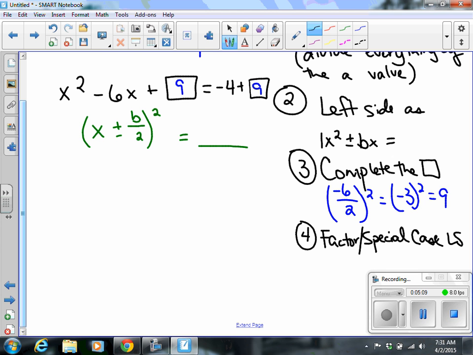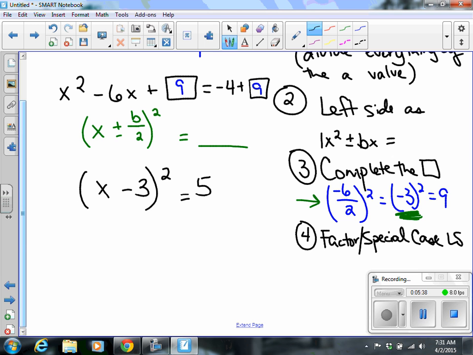So what does that mean for us? Well, our b over 2 is right here before we actually squared it. So it's this number inside our parentheses there. So we have (x minus 3) squared equals, well, what is negative 4 plus 9? Negative 4 plus 9 is 5.